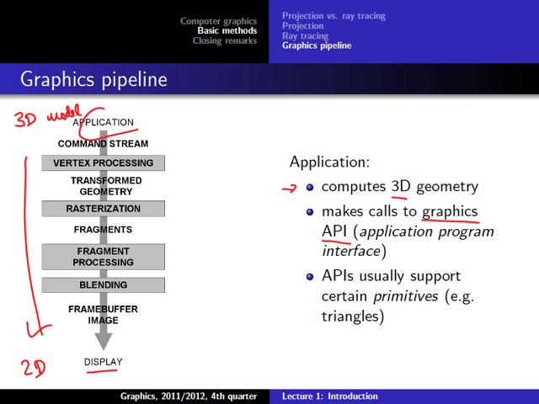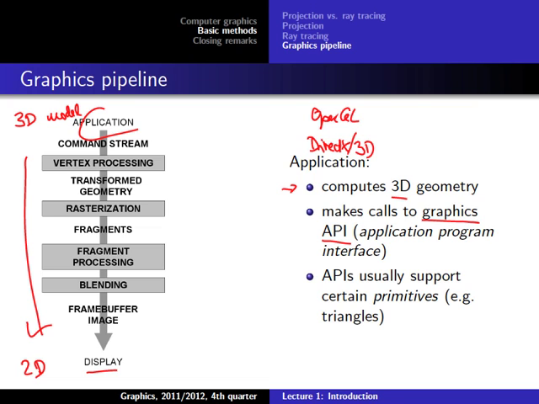Common graphics APIs are OpenGL, which is open source for Linux and also I think on Mac, and for Windows we have DirectX, or actually Direct3D, which is the 3D part of DirectX. DirectX is more a general multimedia library or API, and Direct3D is the 3D sub part of it.